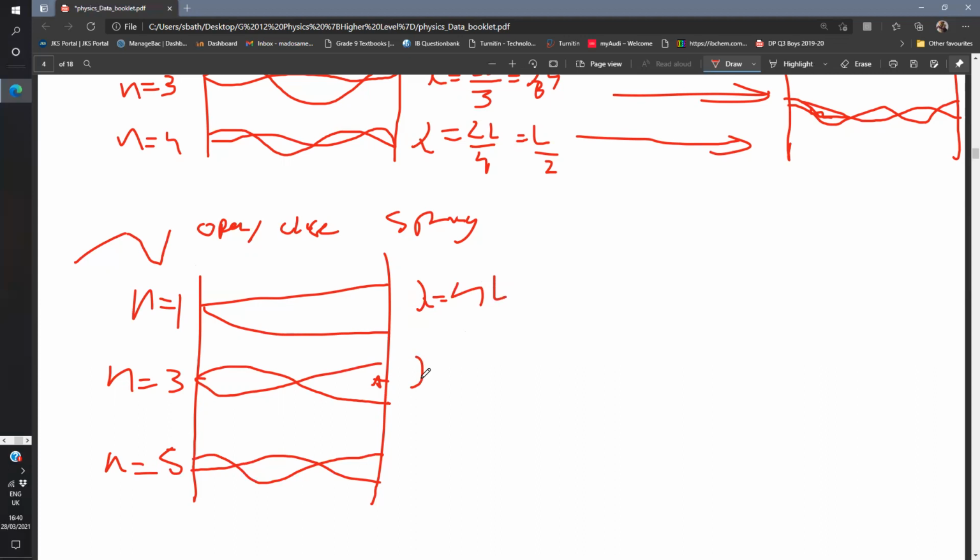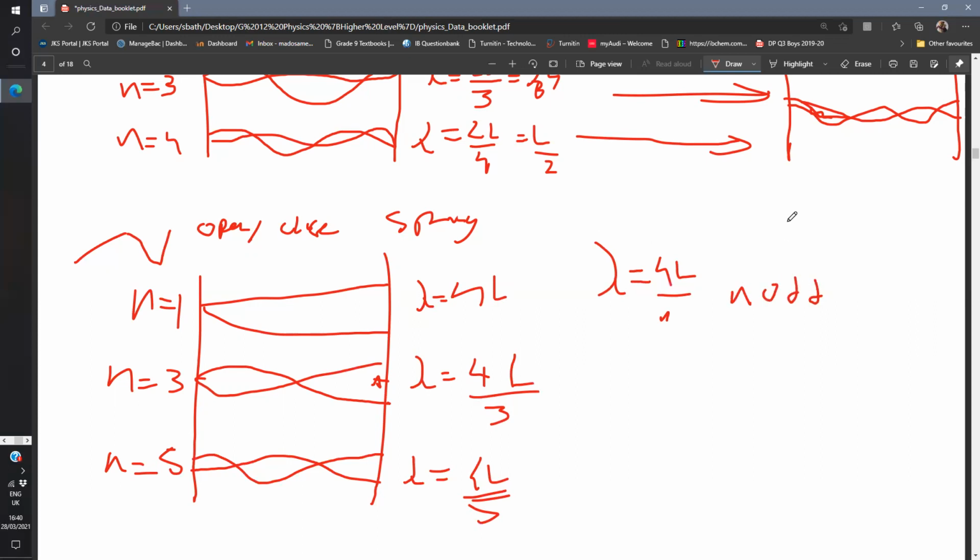And here, 4L over 3. Here, it's going to be 4L over 5. And basically now you get the basic formula that will tie the relationship here: 4L over n, where n is always an odd number.